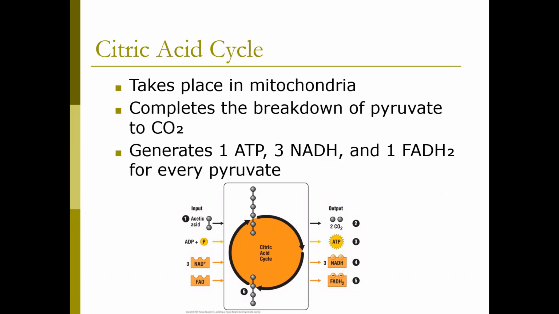One glucose molecule broke into two pyruvate molecules. So when we're talking about the citric acid cycle, for every pyruvate molecule, we're going to end up with two carbon dioxides, some ATP, some NADH, and some FADH2.